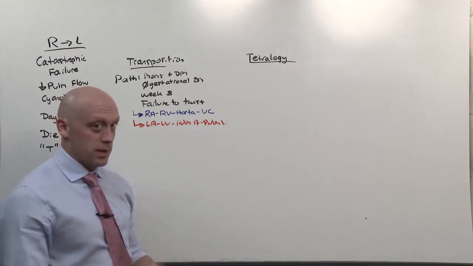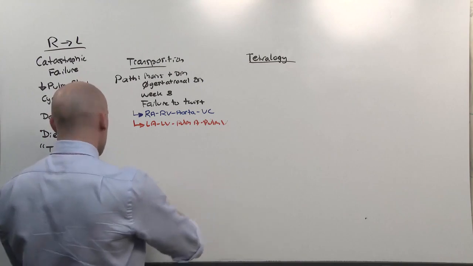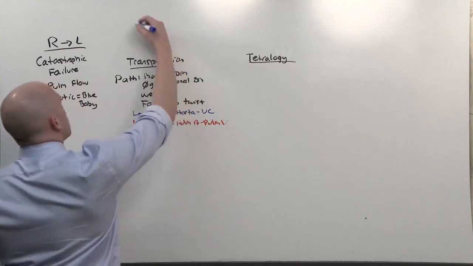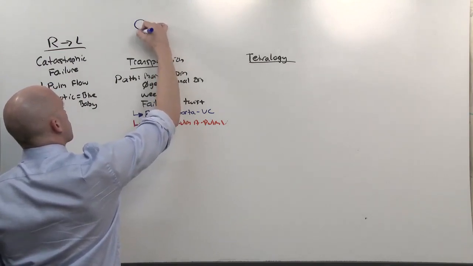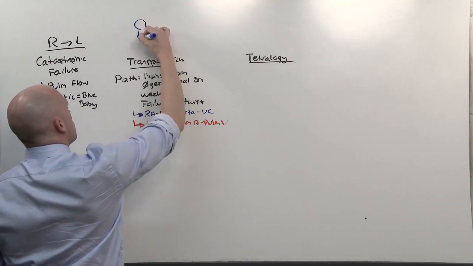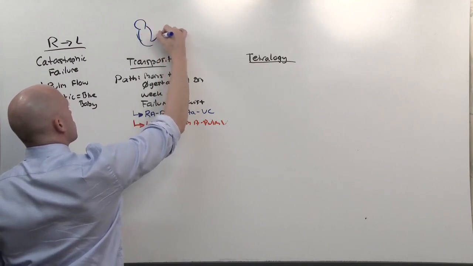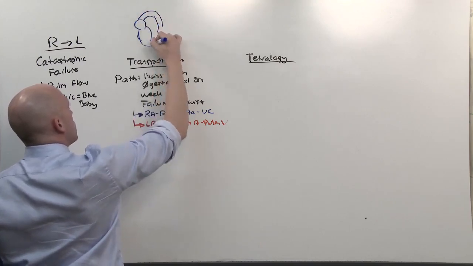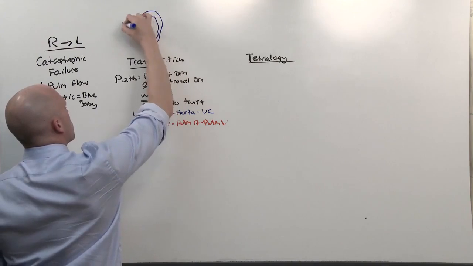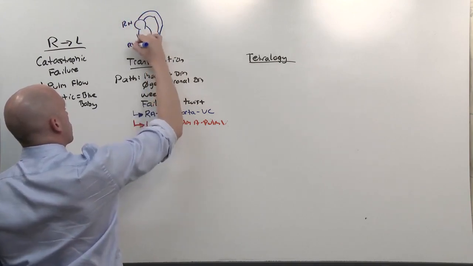Let's see what this looks like. It'll be easier. The right atrium connects to the right ventricle, and the right ventricle connects to a blood vessel that comes back to the right atrium. This is the right atrium, right ventricle.